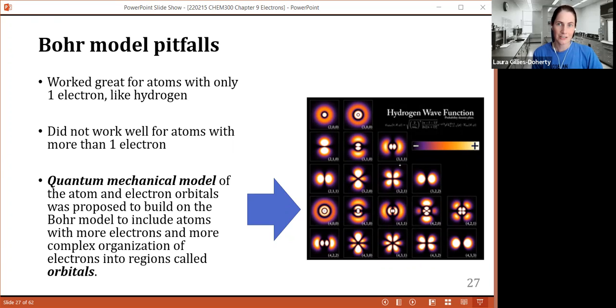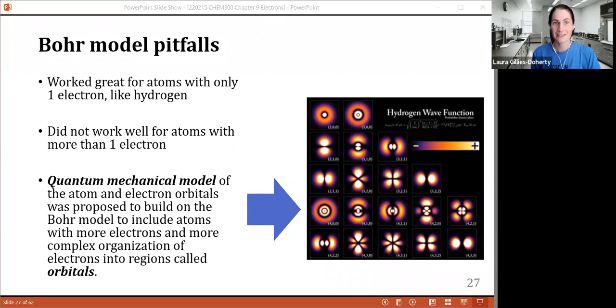When you started trying to use the same approach of an electron jumping from one level to another in a one-by-one fashion, it didn't work well for atoms that had more than one electron. So for hydrogen, it works perfectly. But for atoms with more electrons, which is all the other elements, his model started to fall apart.